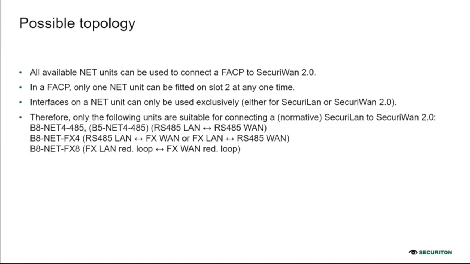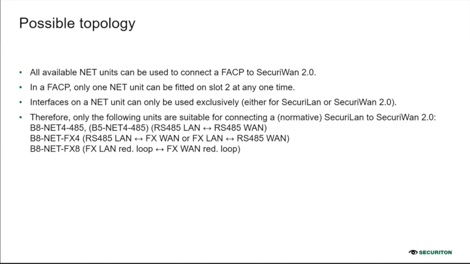Which card do we have to use to realize SecuriWan with the SecuriFire panel? We have to use the net card, so B8 net 4. We need at least 4 ports, because at least 2 ports we use for the SecuriLAN, and 2 ports we use for the SecuriWan.